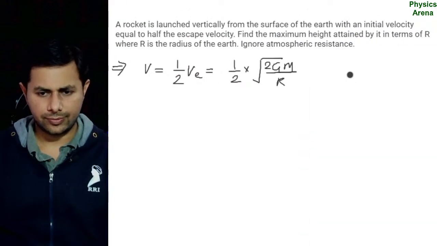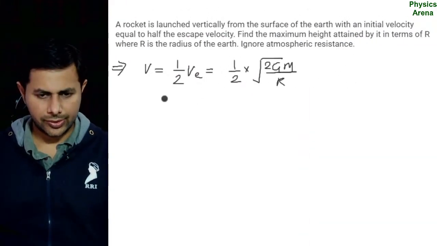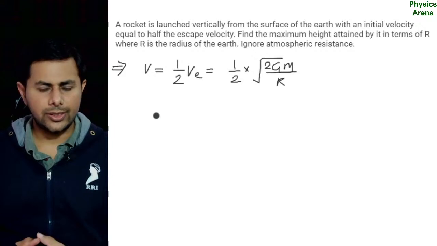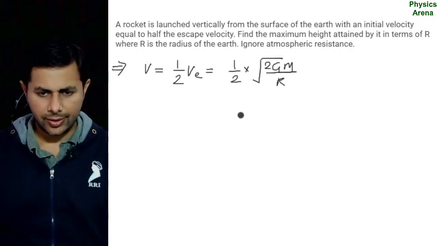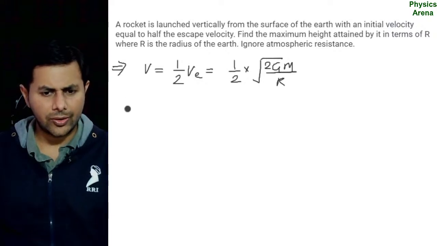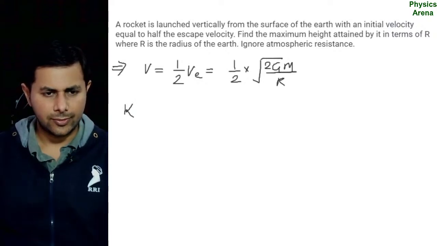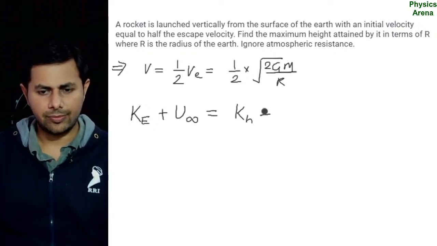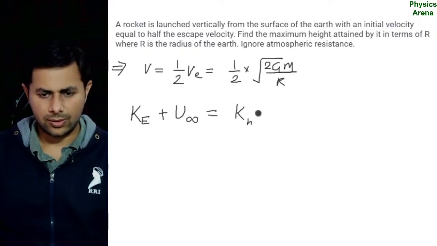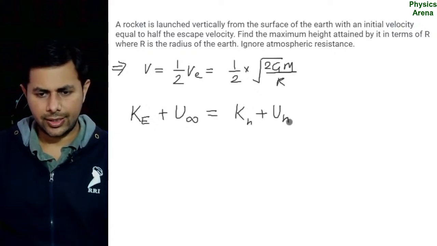All right, so now what we can do is use the law of conservation of energy once again. So we have kinetic energy on Earth plus potential energy on Earth equals kinetic energy at height h plus potential energy at height h.